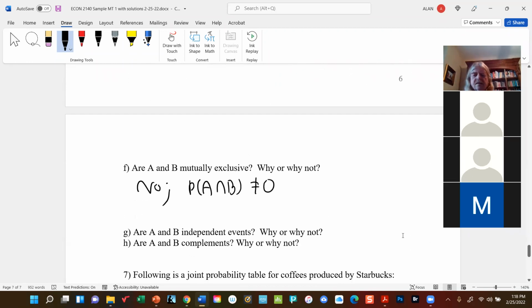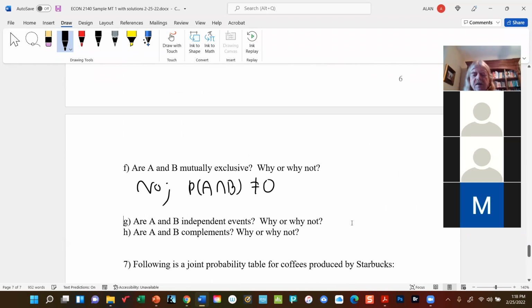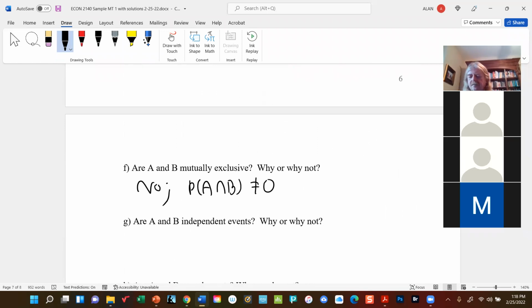What about independence? Well, we've got 2 things to demonstrate. And of course, it has to be both of these.